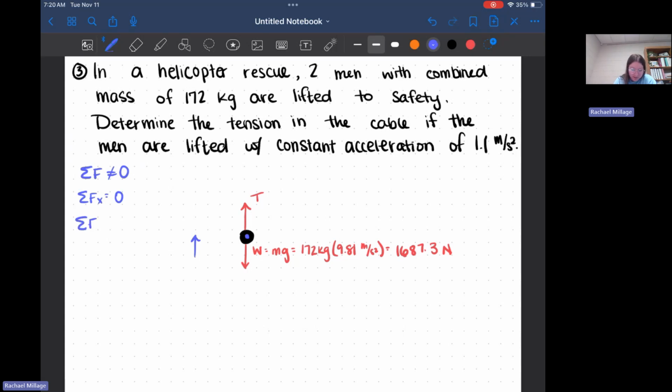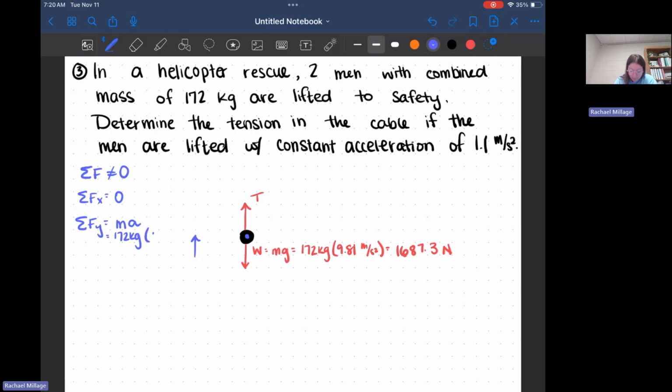But I know the sum of forces in my y direction is going to equal mass times acceleration. Do we know the mass? We do, 172 kilograms. Do we know their acceleration?